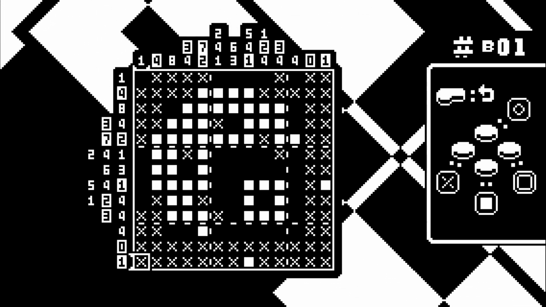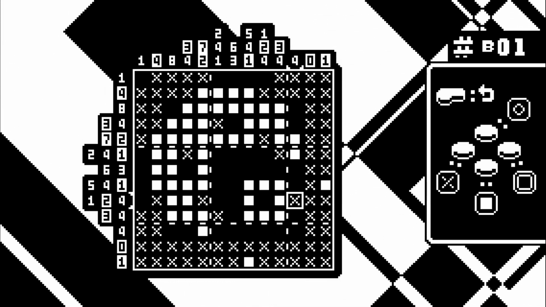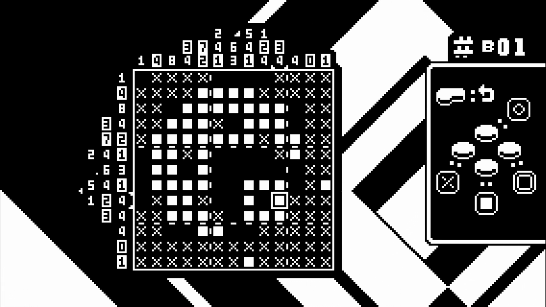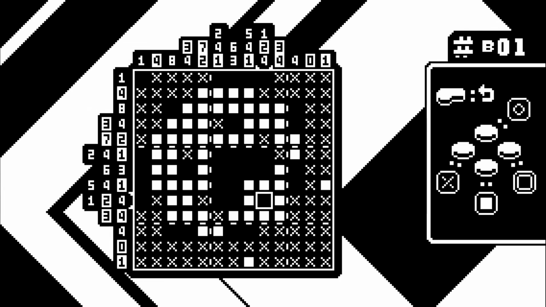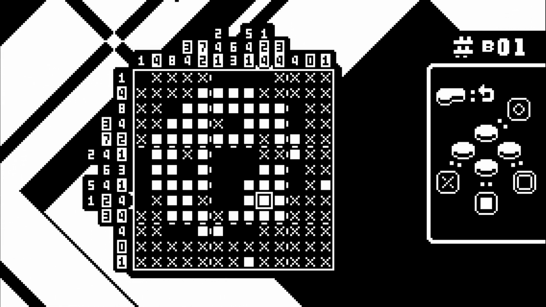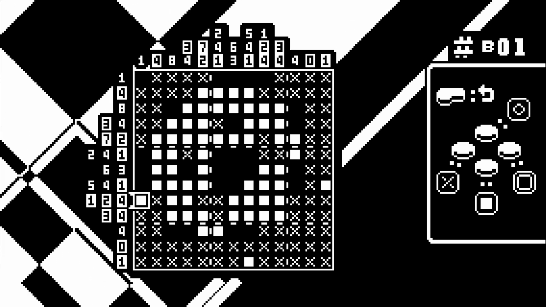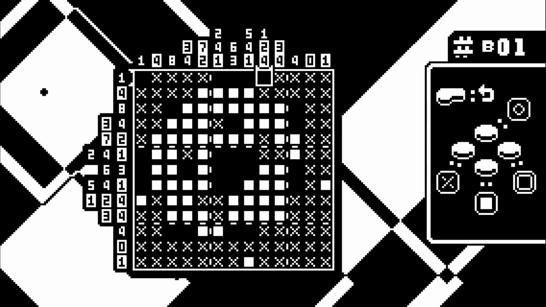Alright, so that 4 can't possibly have anything there. Same for you. It must be there, and it must not be here and here. Okay, this is a 4, this is a 4. Those row columns are done. Alright, and this one is here. This one is here.